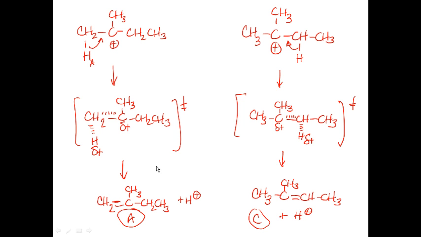Well, that leads us to the next part of elimination, which is predicting the major products of the reaction. It turns out that for E1 elimination, the major product is the most stable product.